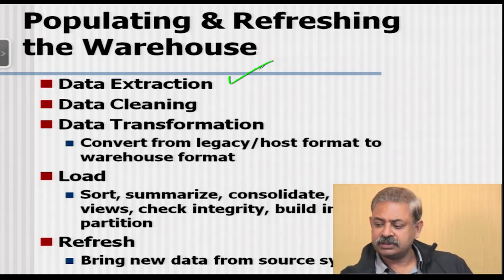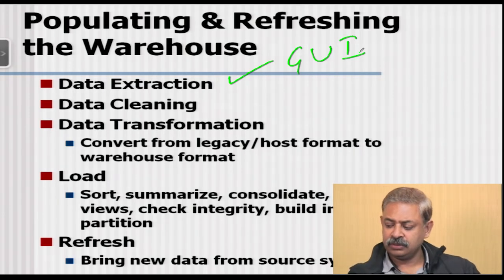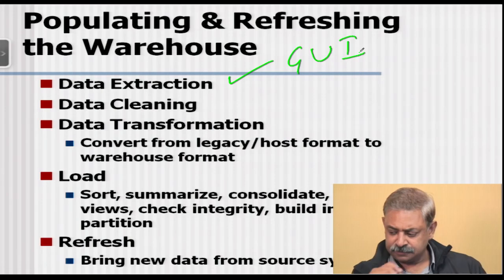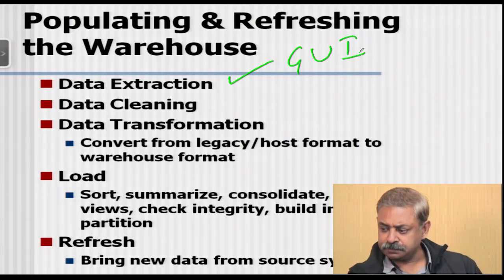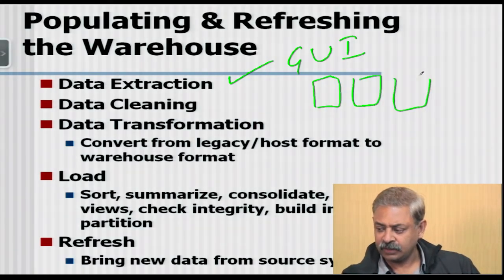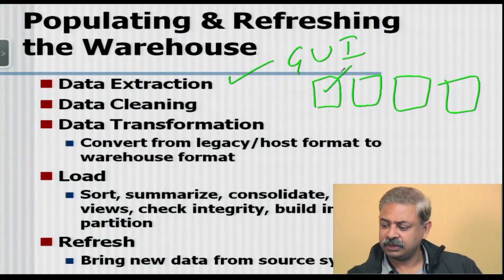It is typically done using a GUI. ETL tools typically give you a nice interface to work with. It shows you the tables that are there in your operational system. You say, okay, I select this table first, and then I want only a couple of attributes from here.